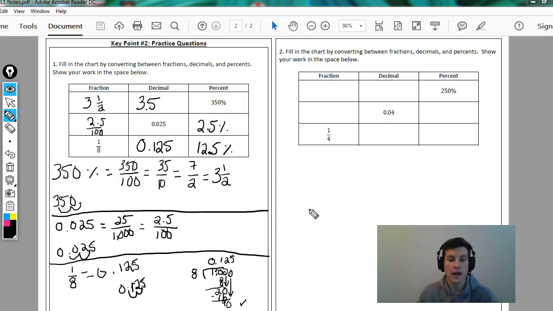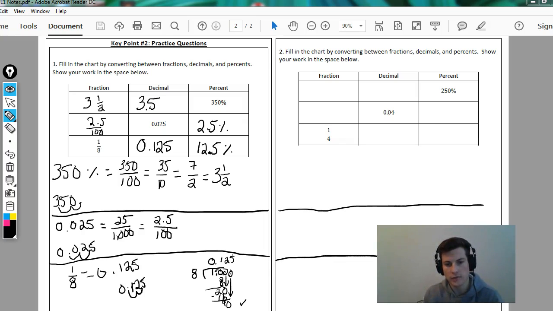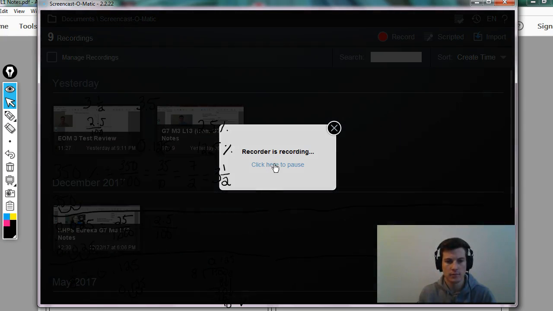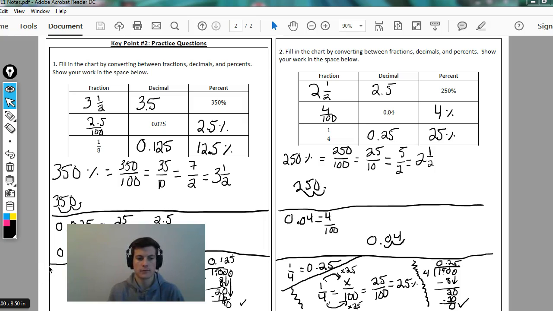So what I want you to do now is, and I would even mark off my paper to make space here, you're going to use the same strategies that we used on the left to solve for each of the practice questions on the right. Fill out the table and check your work against the key. Okay, so now you can check your work against the key on the right side.